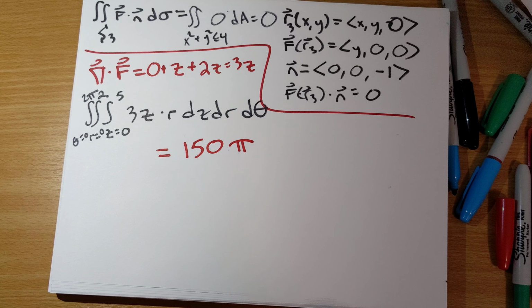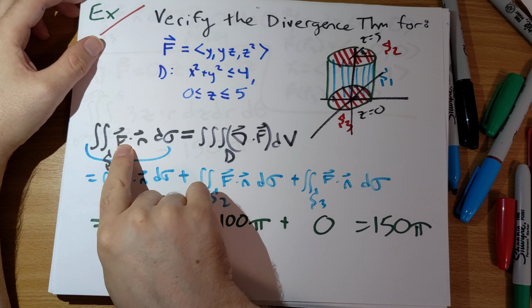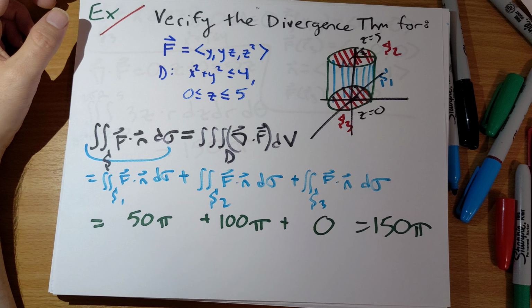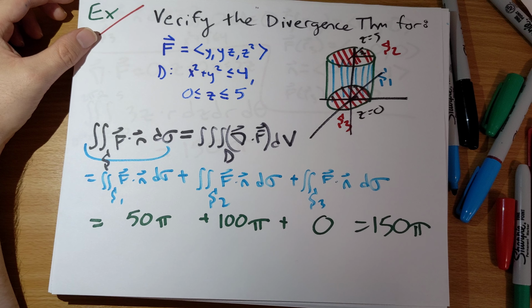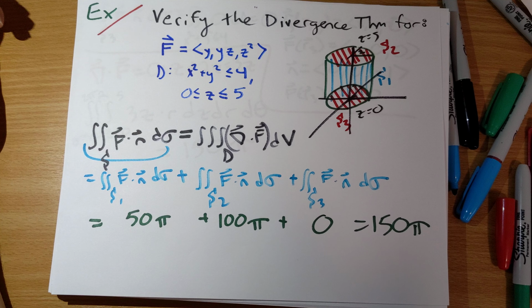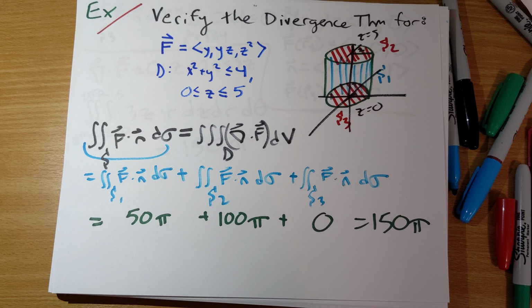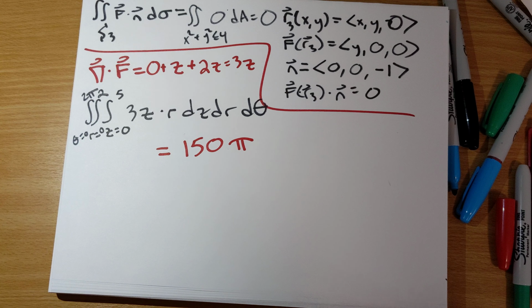And so this shows that the flux of F over the surface here, oriented outwards, is equal to the triple integral of the divergence of F over the region inside of our cylinder. And so this plus this plus this, the sum of the three vector surface integrals, is equal to the triple integral here of the divergence over the cylinder.